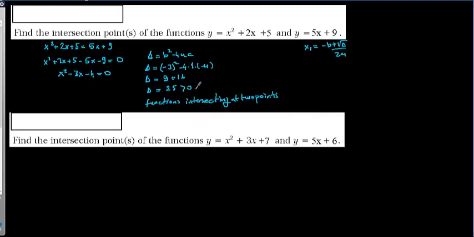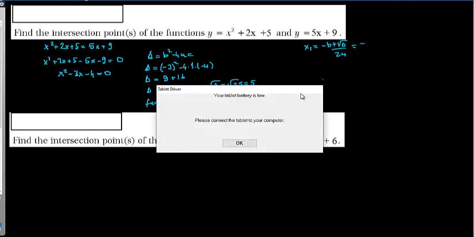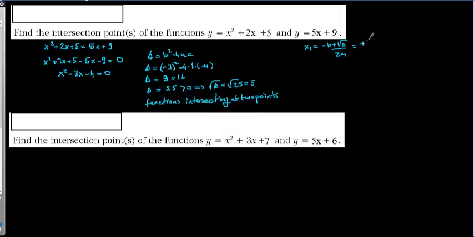Actually, root delta is equal to root of 25, which is 5. So minus b, with b equal to minus 3 for this function, is plus 3, and plus 5 over 2 times 1, which is equal to 8 over 2, which is equal to 4.